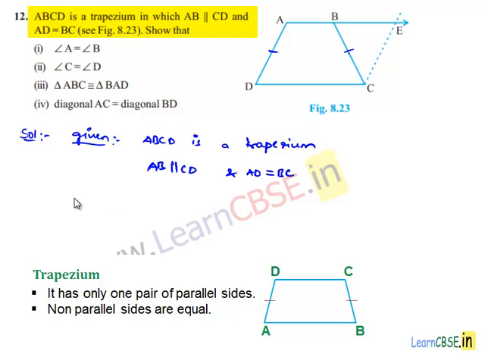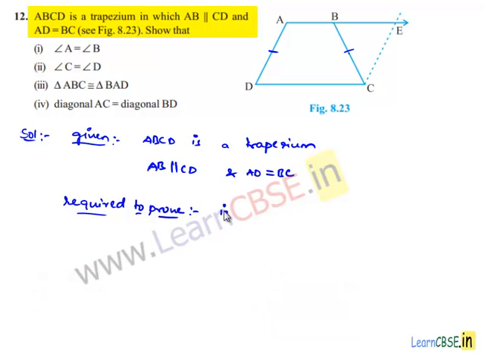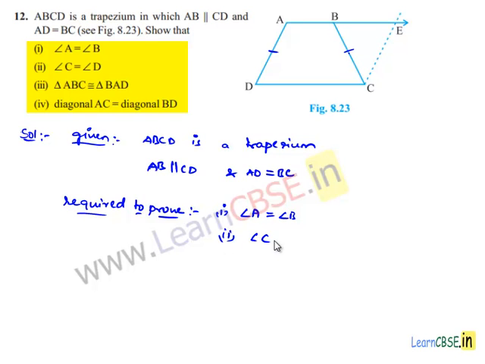Now he asked us to prove that, first thing, angle A is equal to angle B. Second thing, angle C is equal to angle D. Third thing, triangle ABC is congruent to triangle BAD. And fourth, diagonal AC is equal to BD.